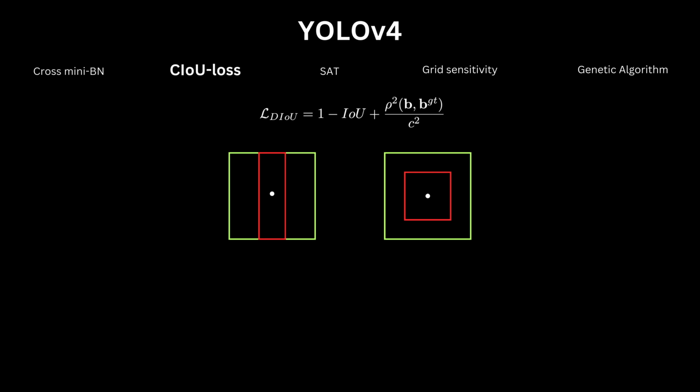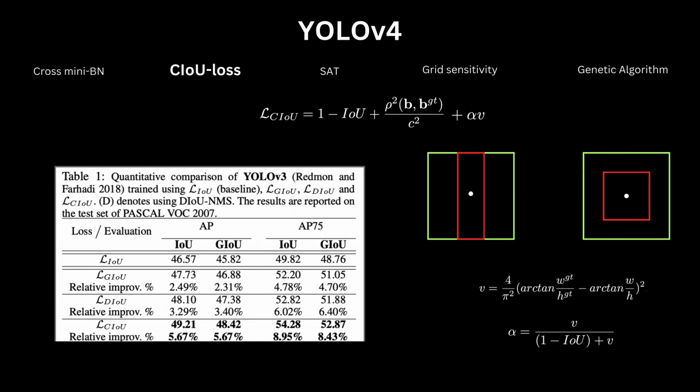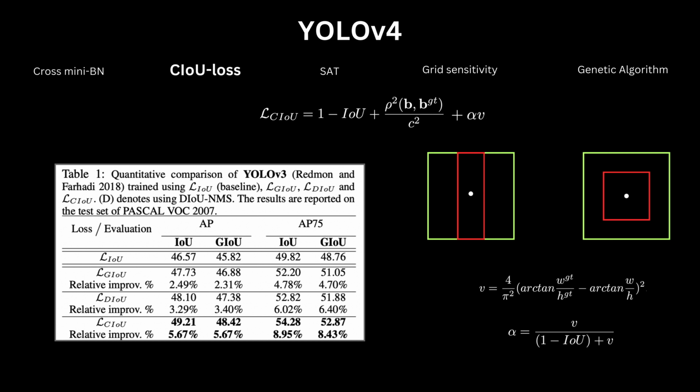This is why the authors add another penalty term which specifically caters to mismatch of aspect ratios. The term alpha here is just a trade-off parameter which the authors define as this. In terms of performance, the authors show that distance IOU loss gets better performance than generalized IOU loss, and even the convergence is faster. With complete IOU loss, we get even better performance than distance IOU loss.